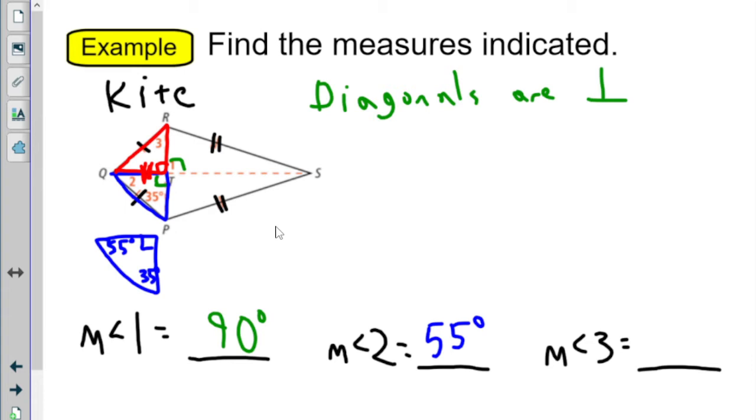So by hypotenuse leg, these triangles are congruent, which means that angle 3 should match with this angle over here and also be 35 degrees. So that's actually by catching some of the triangles that are happening within my kite and using that to get some of the angle measurements.